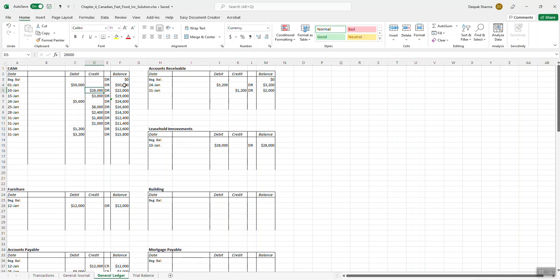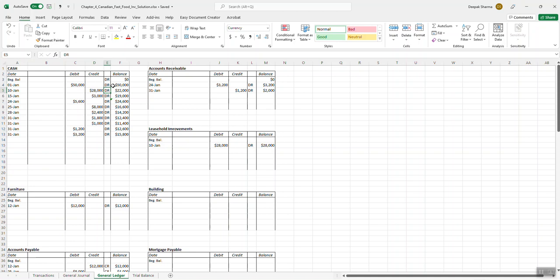Okay, now we have a 50,000 debit balance, and now the transaction is on the credit side. So whenever it's on the opposite side, you subtract it. So we're going to subtract 28,000 from 50,000. Your new balance is 22,000. And what is that? It's a debit balance, because the debit side was bigger.